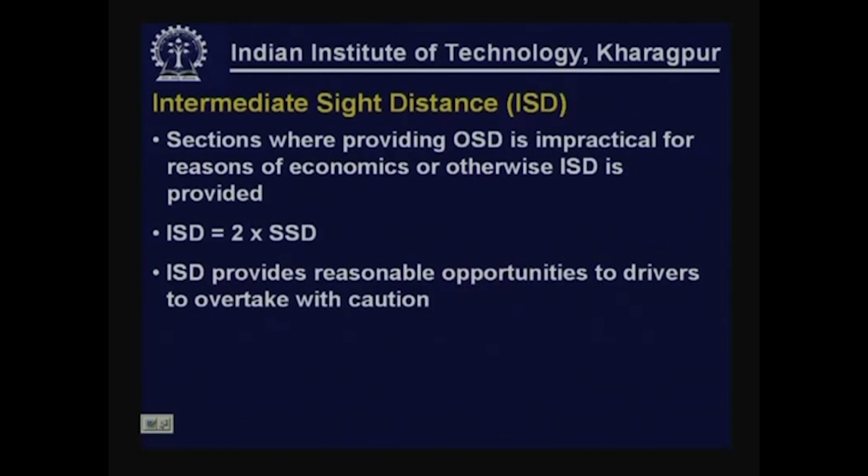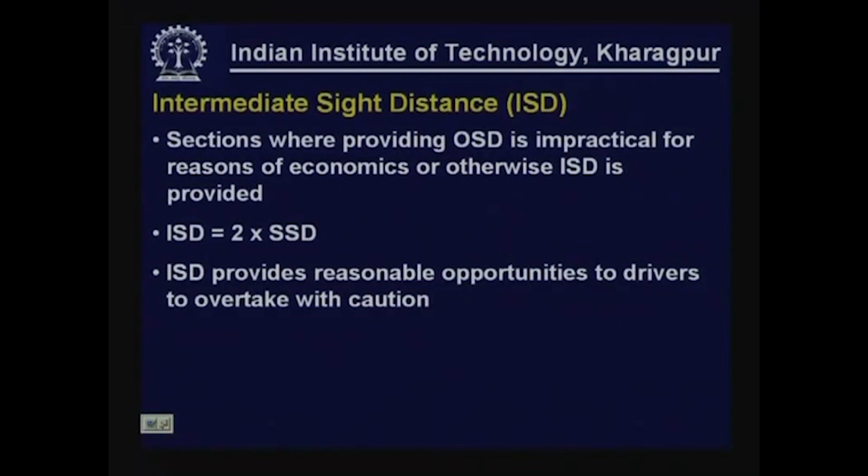We shall talk about another type of sight distance now, which is called intermediate sight distance. We have discussed stopping sight distance, decision sight distance. In this lesson, we have already studied overtaking sight distance. Now, we shall talk about intermediate sight distance.